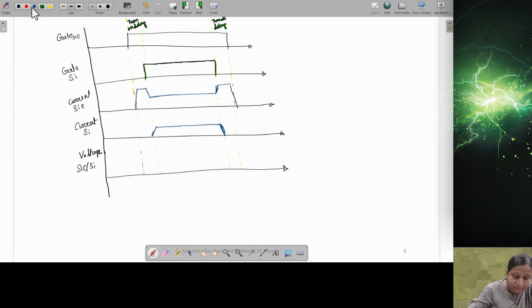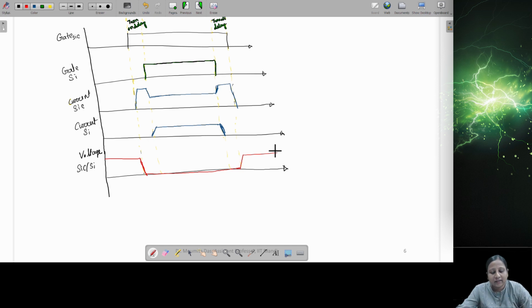It will be the same, because we are considering devices which are connected in parallel, right? So this will remain like this until again all the switches are on.